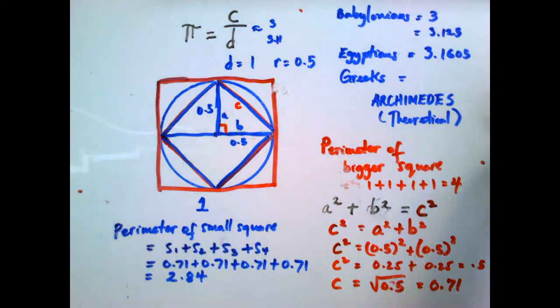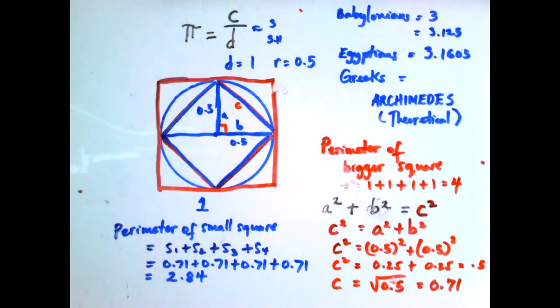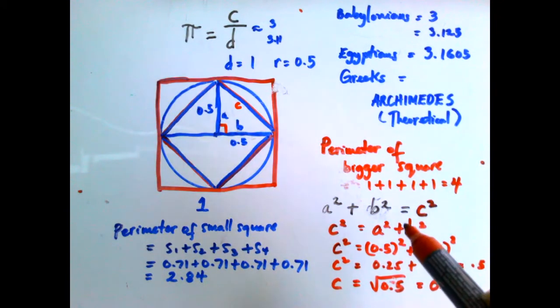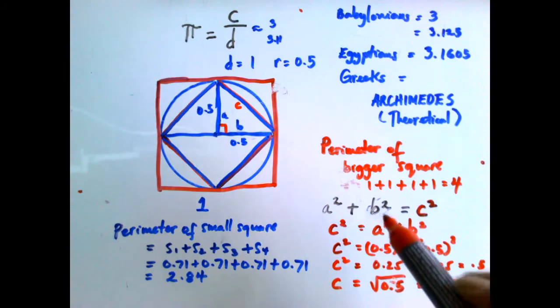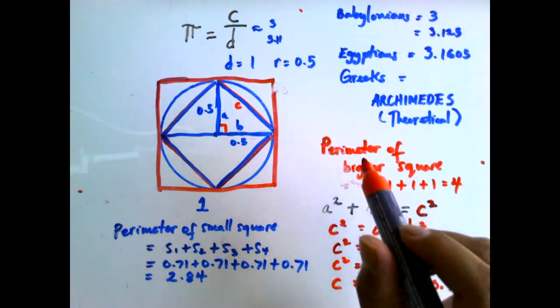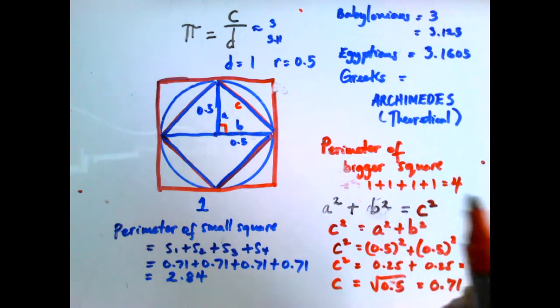And so now, yeah, we can see it. Archimedes then said that, oh, now I know what is the approximate value of pi. Archimedes knew that he would never get an accurate value of pi, but he can make it so accurate.